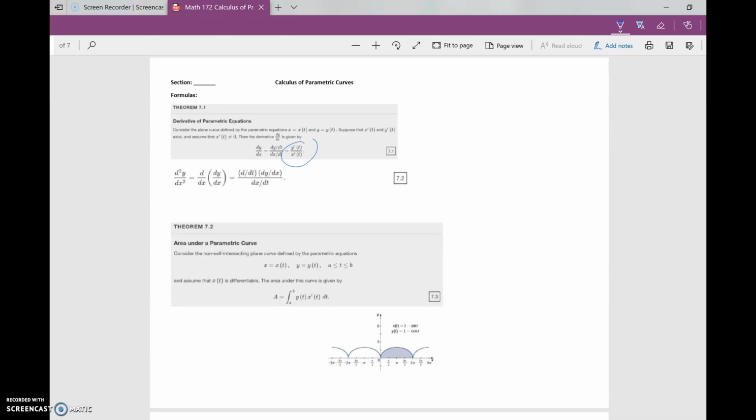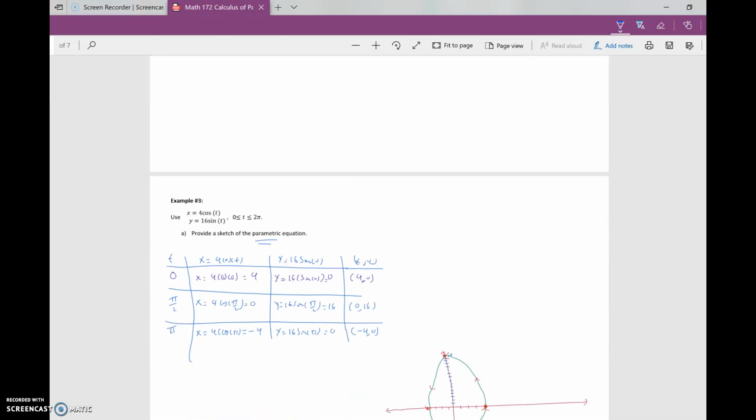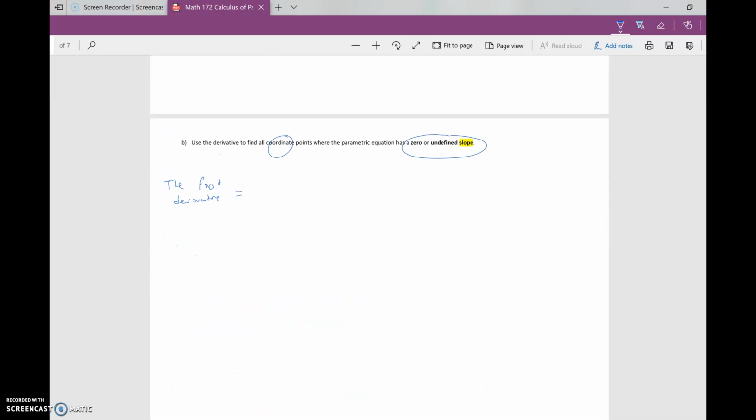So y prime of t over x prime of t, and this is equal to our y value was the 16 sine of t, and then our x value was the 4 cosine of t.